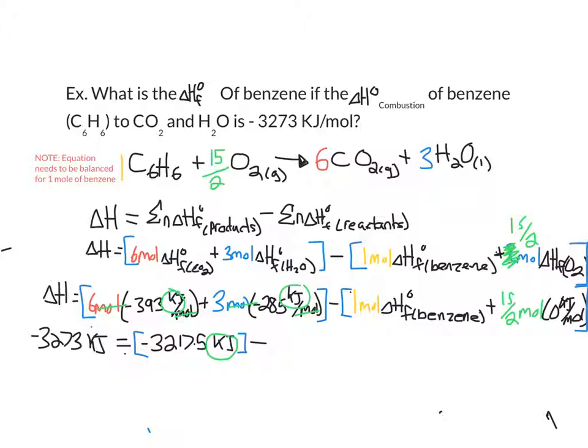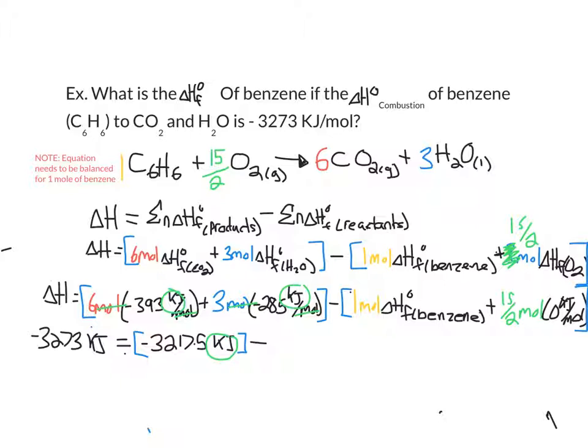It's just a 1. We have to recognize it's there though, so when our units cancel out, we're left with kilojoules. I'm going to show you what would happen if you left your moles in place. And that way, if you ever have a balanced chemical equation where it's not a coefficient of 1 here, you know how to solve it.